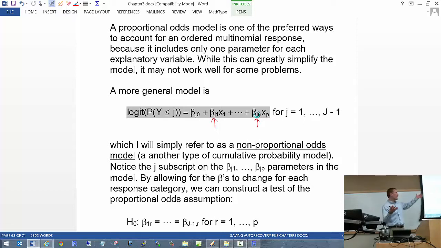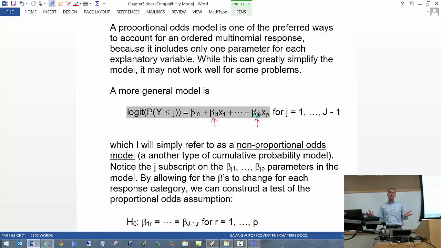If you were to simply find the odds using this model, you can see that you have a beta j1, beta j2 in that odds. And so the odds will change as the j changes too. So that's why it's called non-proportional odds. But what this kind of model does is it allows us to potentially examine whether that proportional odds assumption was correct.